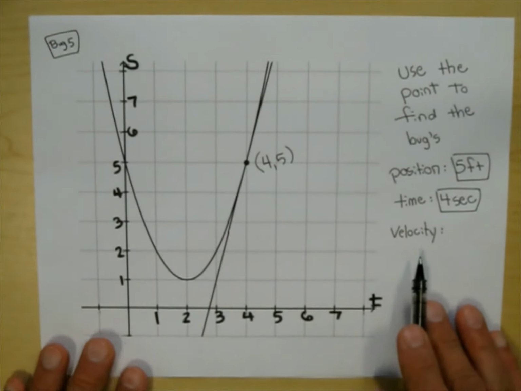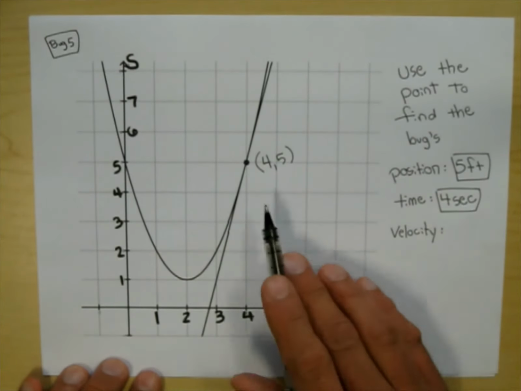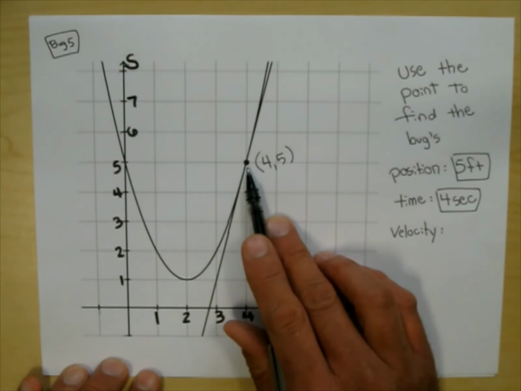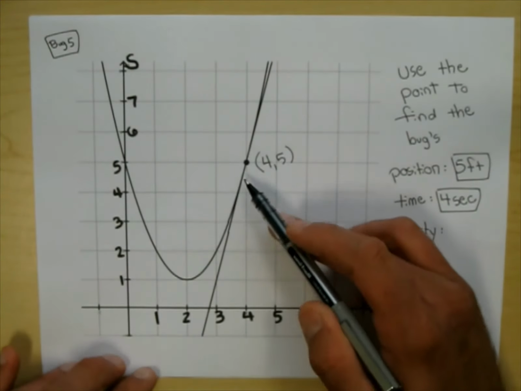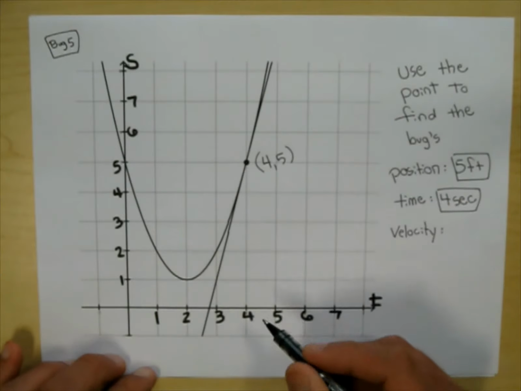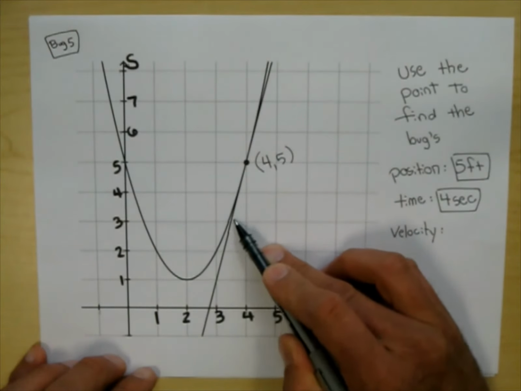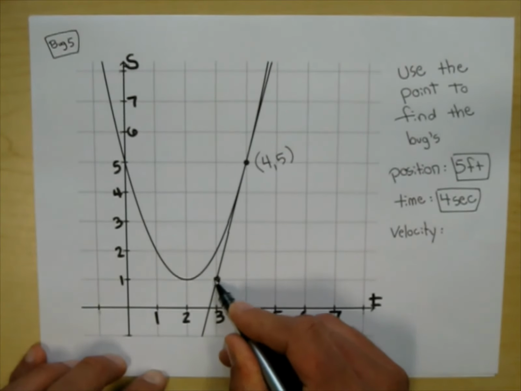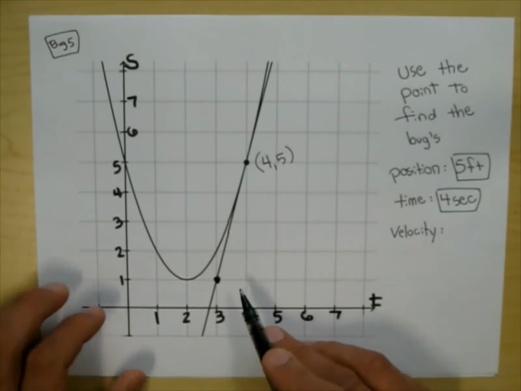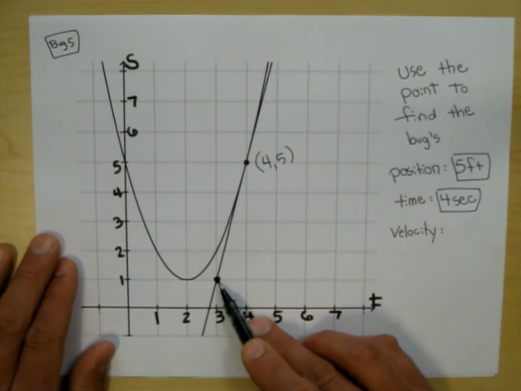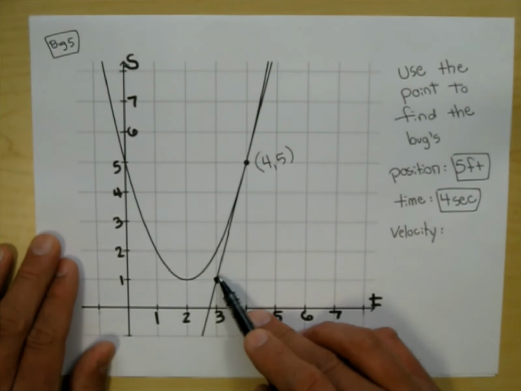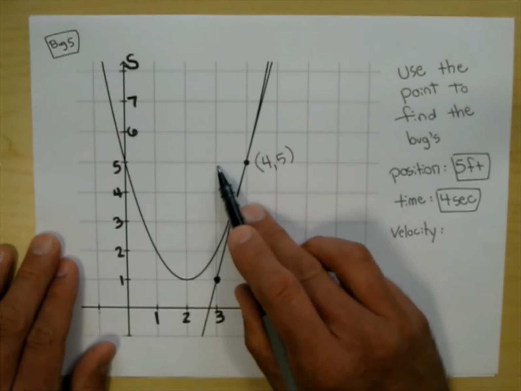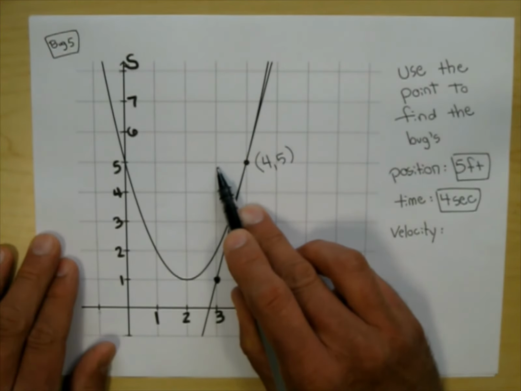The velocity, now this is instantaneous velocity at that time, 4 seconds, would be the slope of that line there. So I'm going to travel along the line until I get to a nice point right here at the intersection of those two grid lines. And then I'm going to be a little bug that goes rise over run. Rise is 1, 2, 3, 4 over run 1.